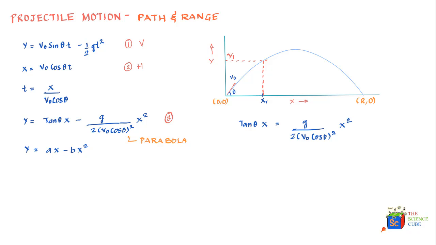And if you solve for x, what you get is x is equal to v0 square upon g times sine 2 theta.